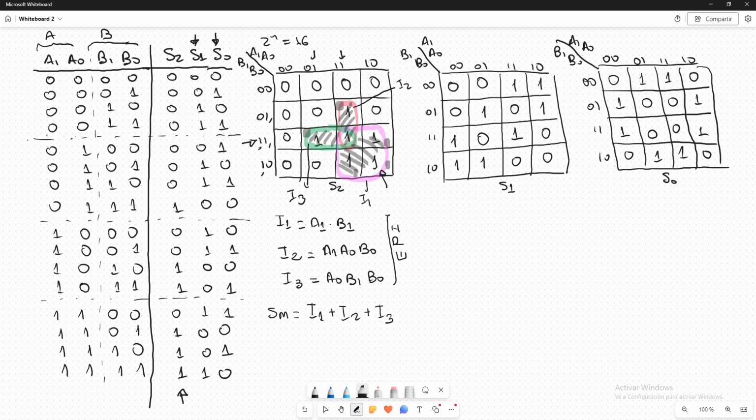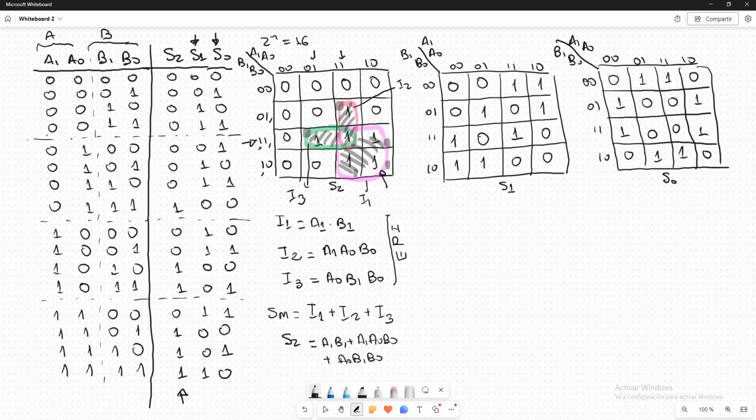So we have finished. The minimal sum for this output is this. So S2 is this output. So we have finished with the output 2.